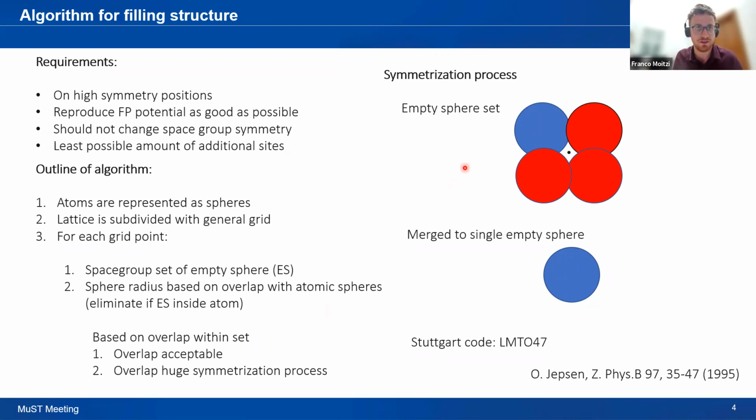And by merging this whole set around this symmetry line or symmetry point, one gets closer to the symmetry point. And the third case is basically if none of those apply, then one just omits this for further consideration.